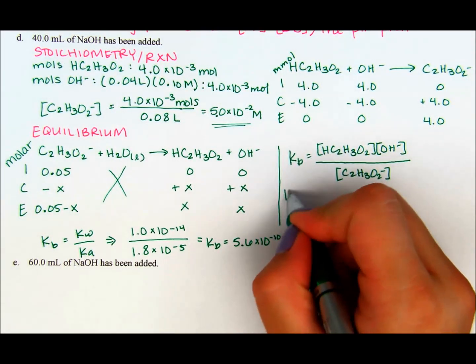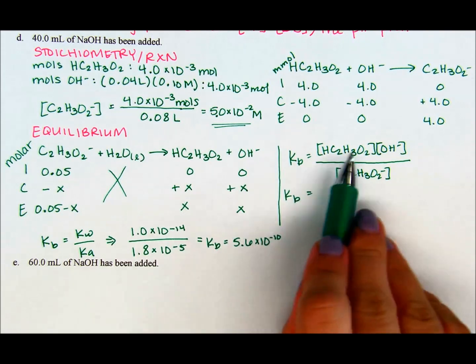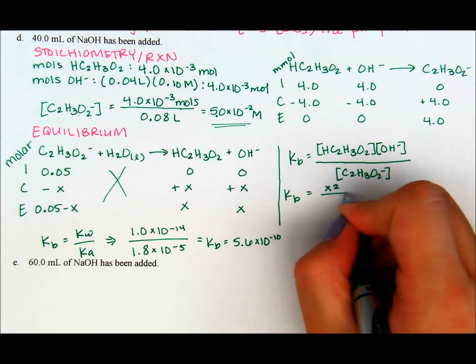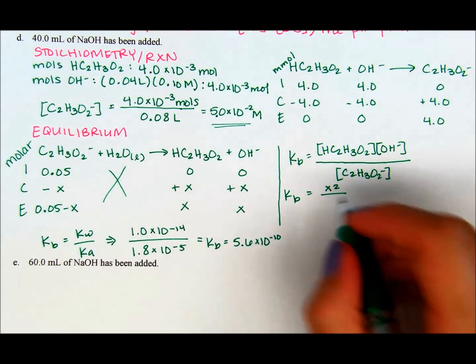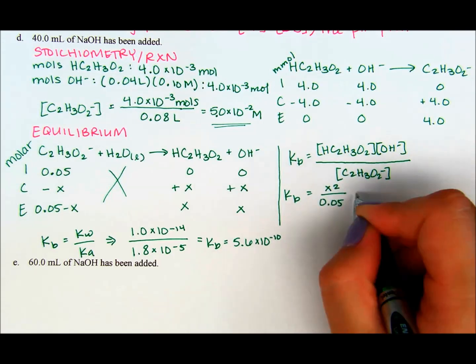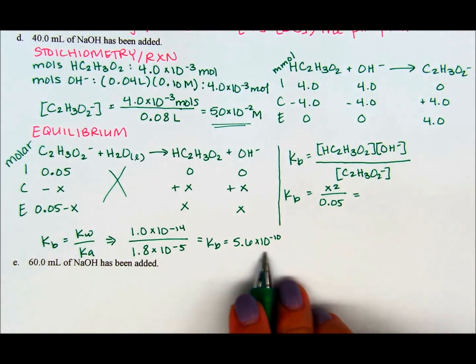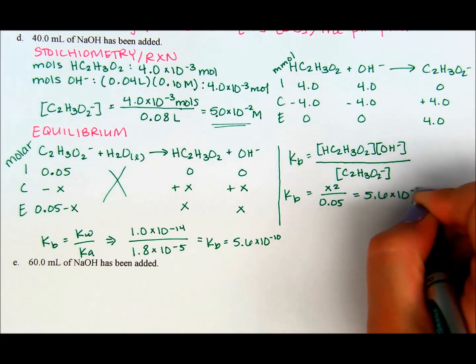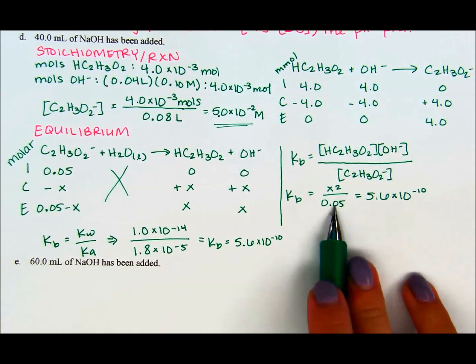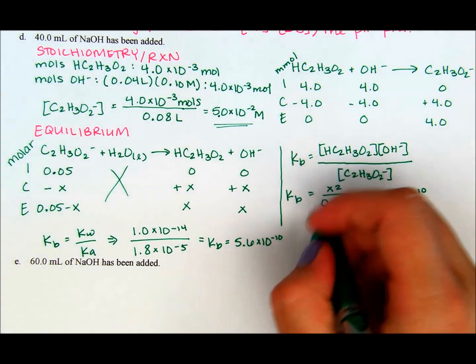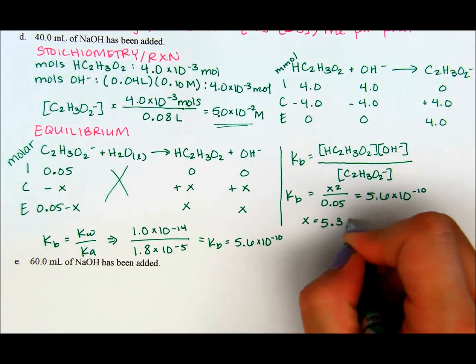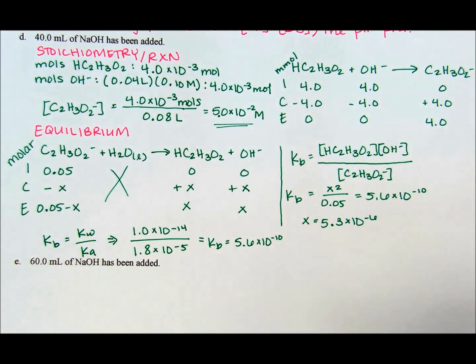So our Kb equals, these two together are x squared, and we're going to ignore this x again, assuming it's very, very small. So Kb equals x squared over 0.05, and then we said our Kb was equal to 5.6 times 10 to the negative 10. Multiplying these two together and then taking the square root to find x, we can see that x is going to be equal to 5.3 times 10 to the negative 6.